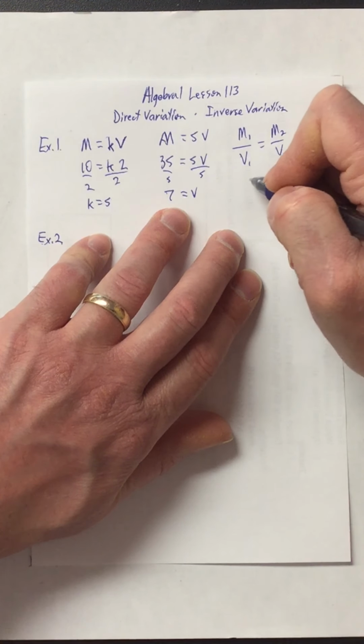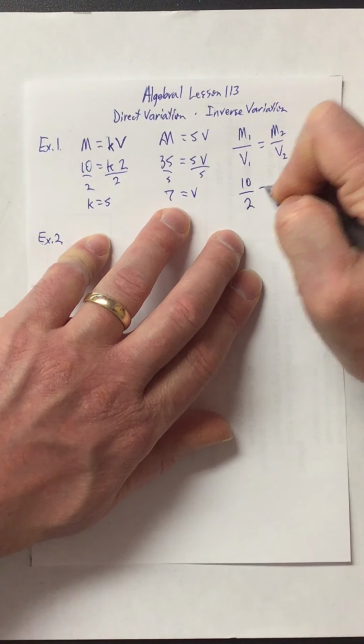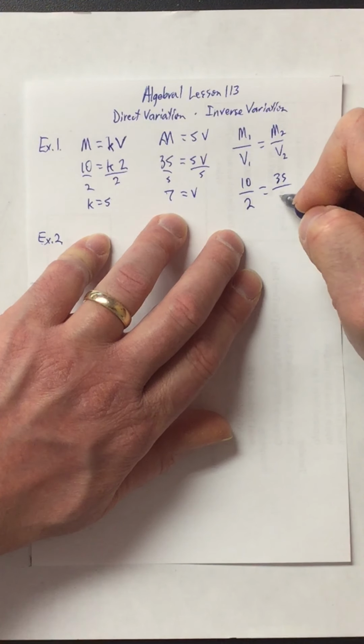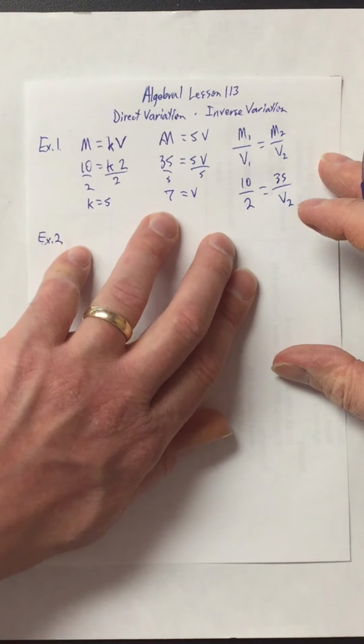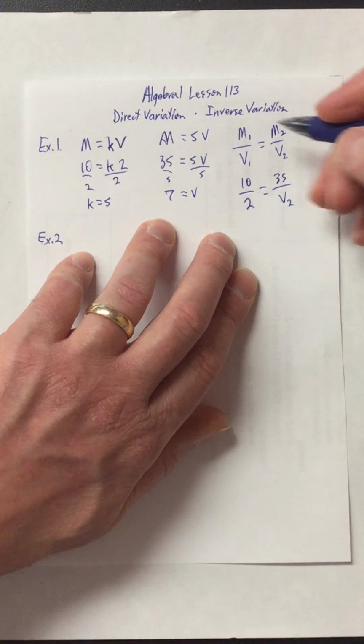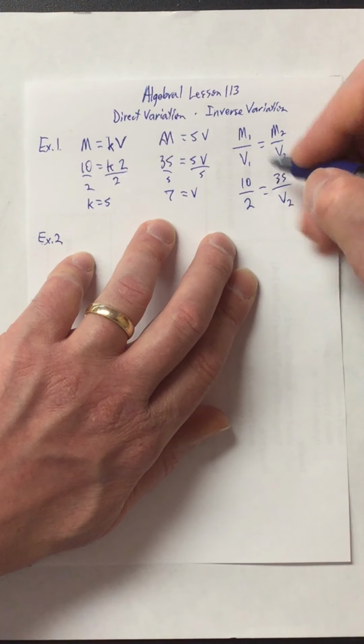So then we plug in some values. Our first mass is 10, our first volume is 2, is equal to our second mass, 35, and on the bottom here, we don't know our second volume. So we'd simply plug in all the values, and then we would solve. Looks like my volume has to come up to the top, so I'm going to cross those two.